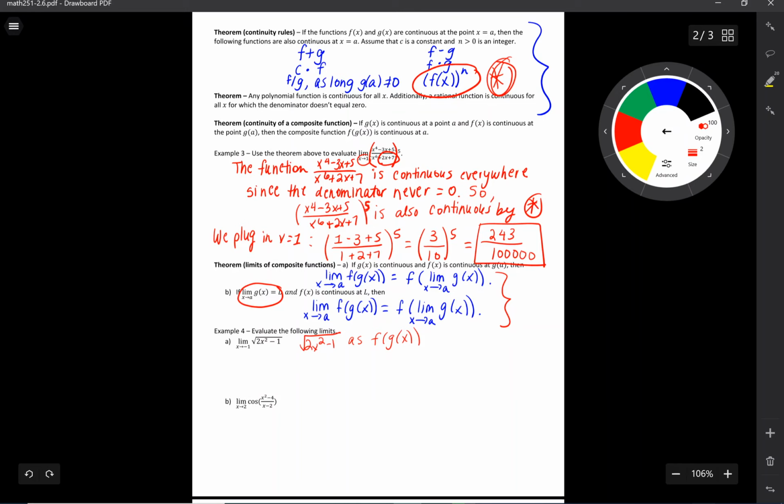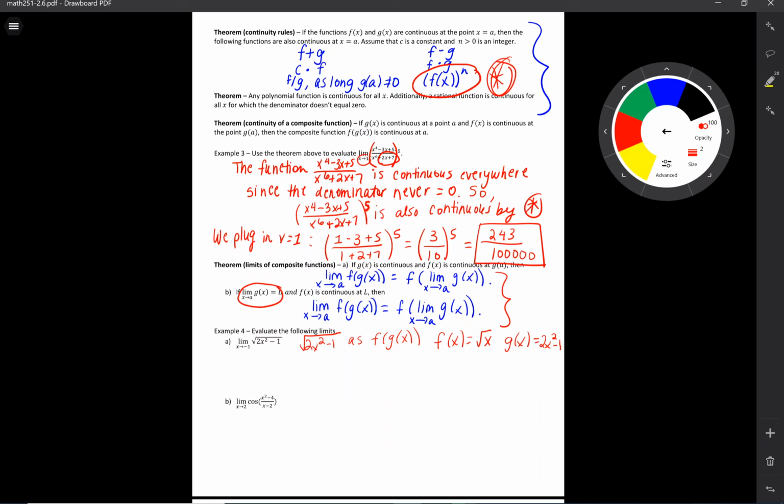My outside function would be f of x equals square root of x, and my inner function would be 2x squared minus 1. So this is how I write this as a composition of functions. So I need to make sure that g of x is continuous.